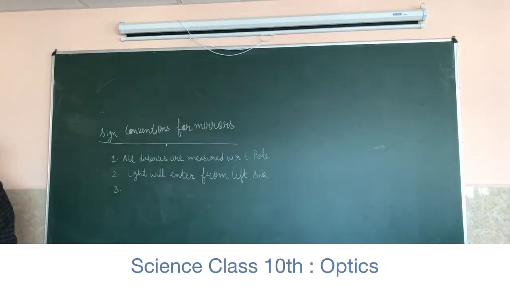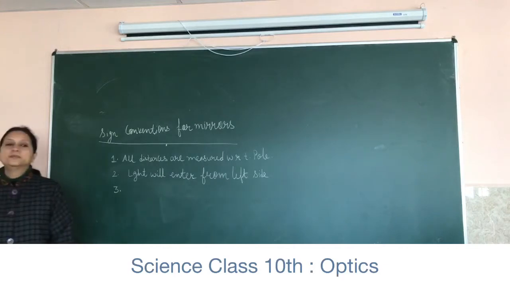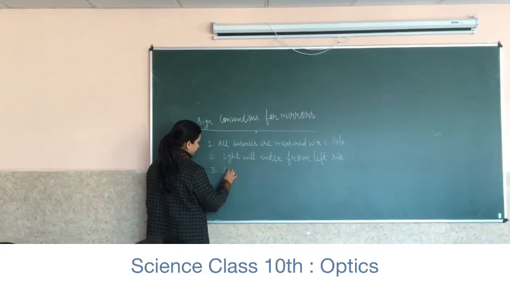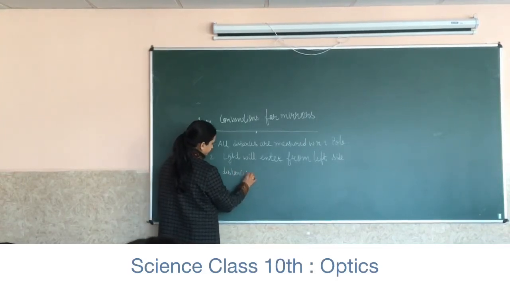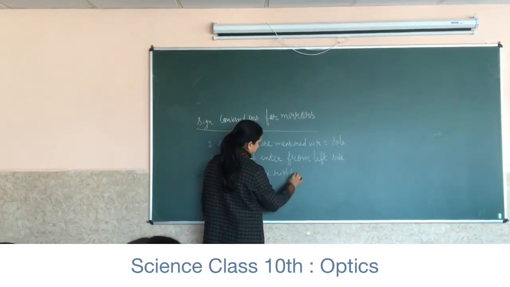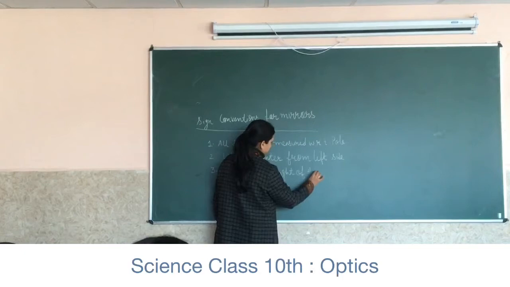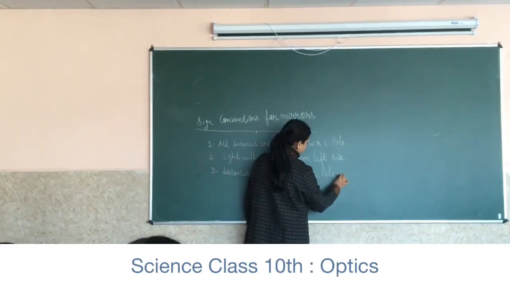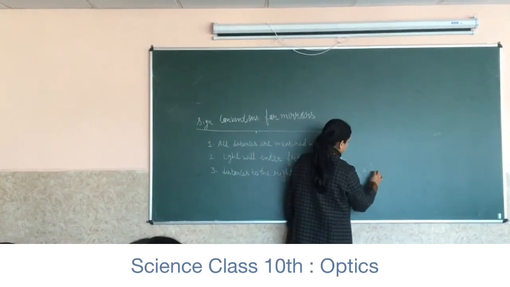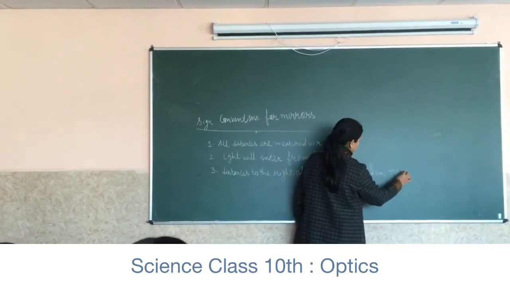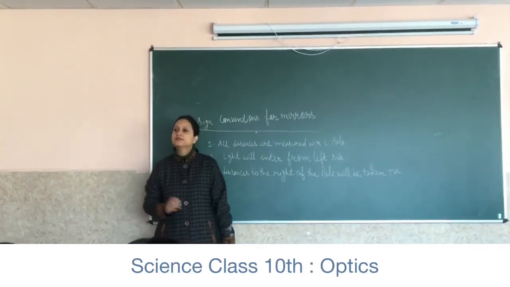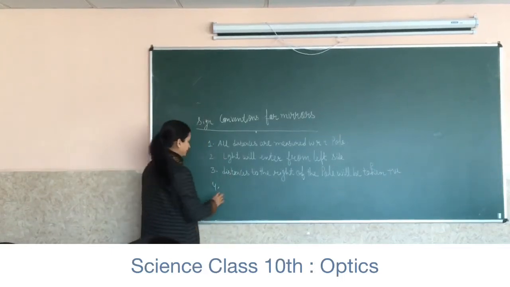Then the third one: the distances to the right of the pole will be taken as positive. Then distances to the left of the pole will be taken as negative.